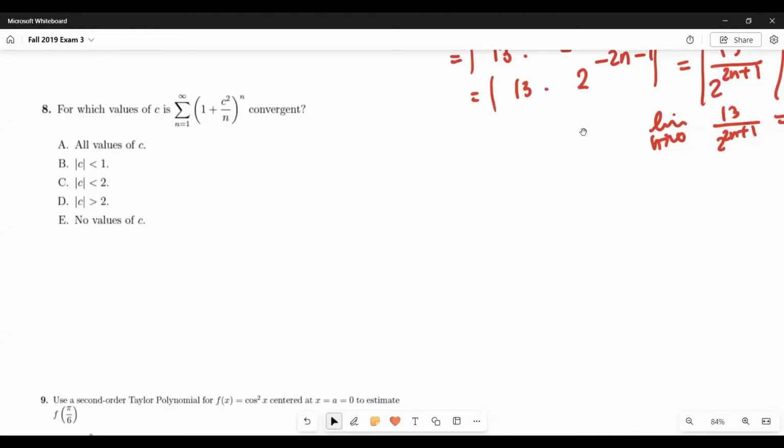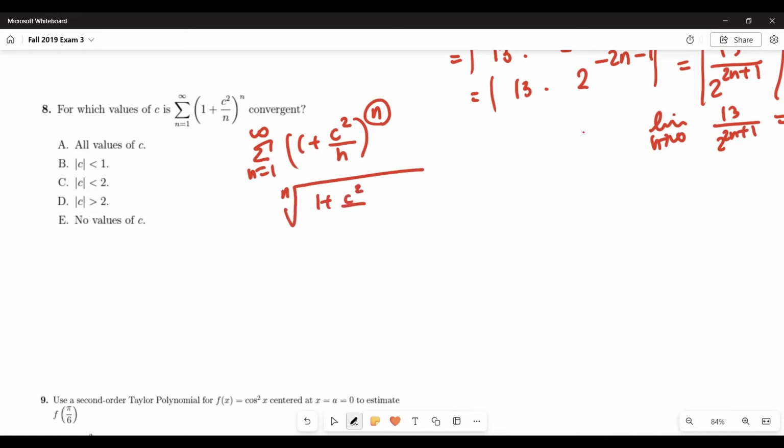Okay, this question asks for which values of c is the series convergent. Let's write it first. The sum from n equals 1 to infinity of (1 plus c squared over n) to the nth power. Since we have the nth power, we can do the root test. The nth root of (1 plus c squared over n) to the nth power: the nth power and the nth root will cancel out.